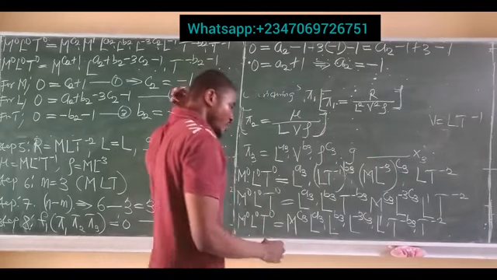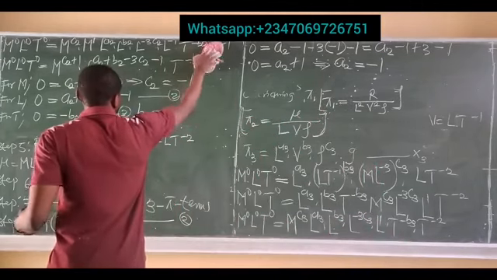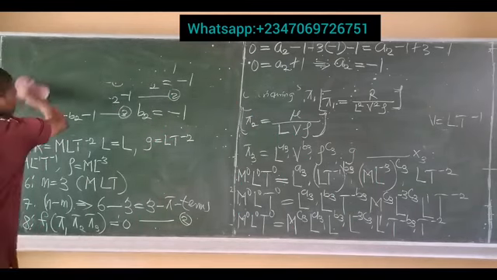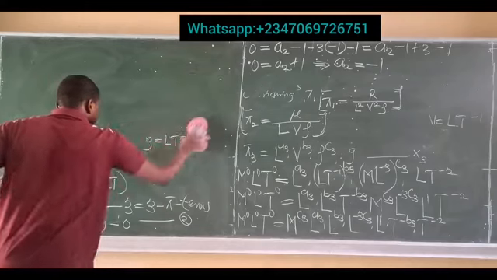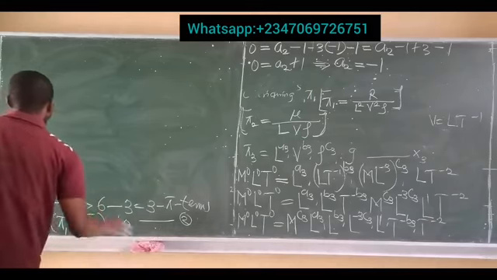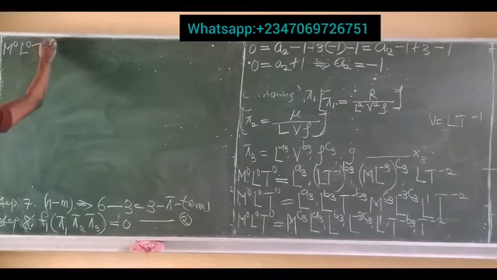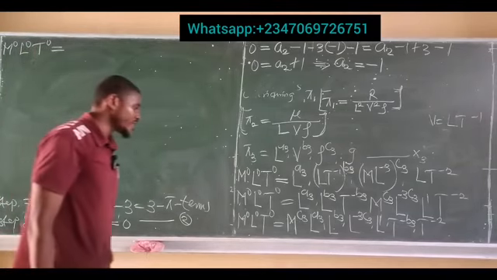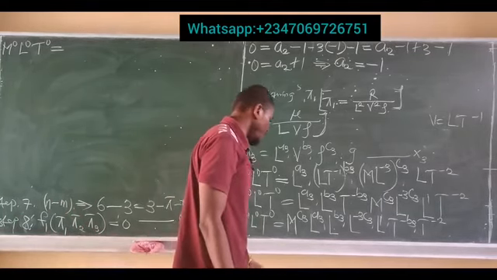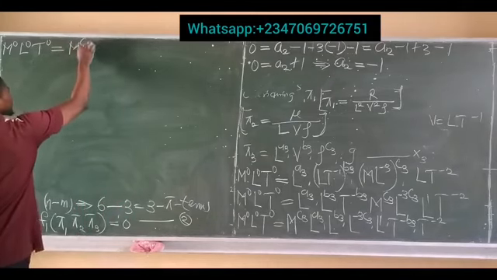The next thing to do is, of course, employ the principle of indices to arrange them in terms of MLT. So we have M to the power of 0, L to the power of 0, T to the power of 0 now equal to, from indices, two terms having the same base multiplied, pick one of the base and add the powers. M here is just M on its own to the power of C3.